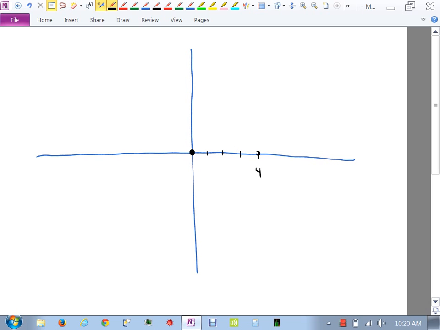At 4, -4. Okay, those are dots, right? Those are x-intercepts. Okay, then I have vertical asymptotes. Where? -2. -2? Okay. -2 and +6.